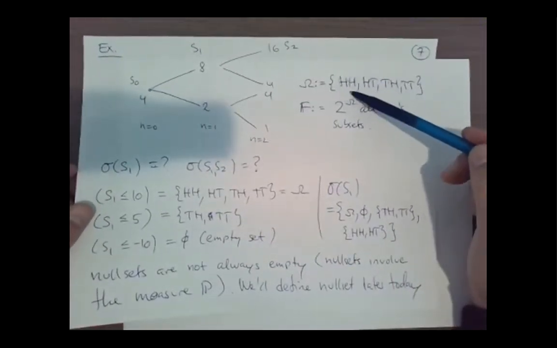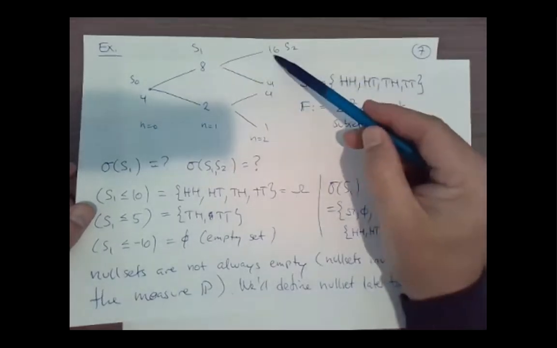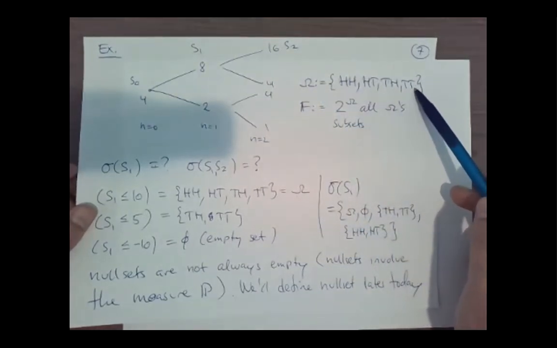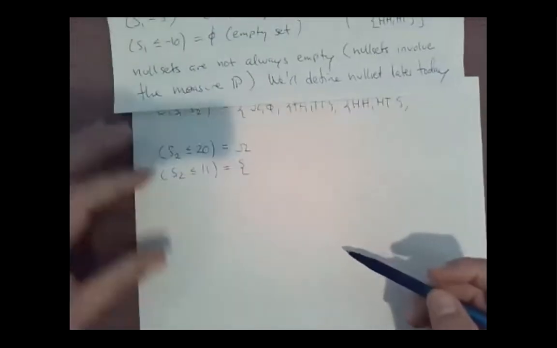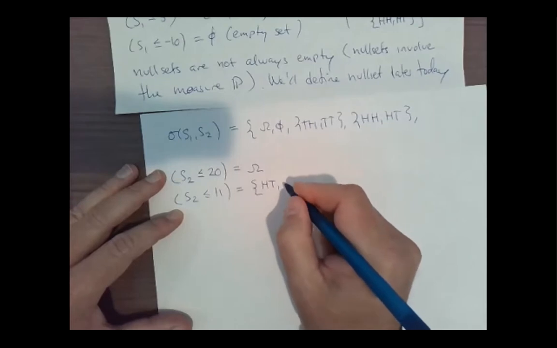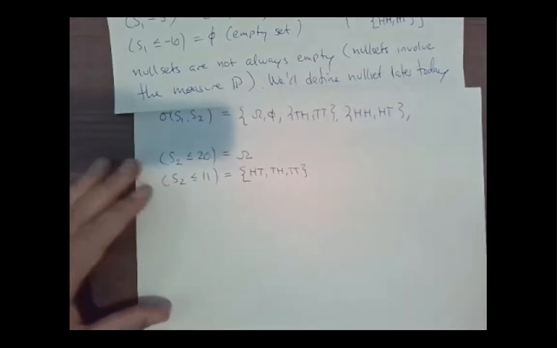Well, now the first one is ruled out because that will give me 16. And so the remaining 3 will be HT, TH, and TT. It'll be these 3.